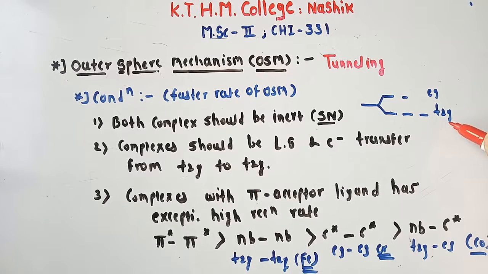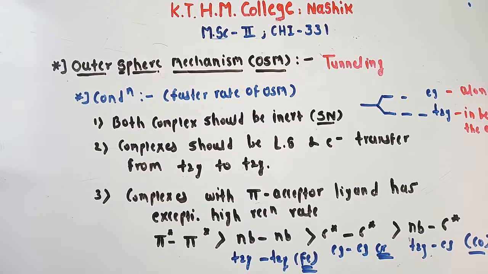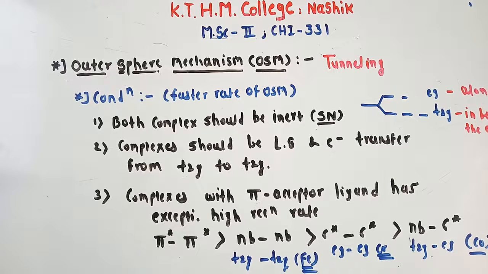Because T2g lies in between the axes, while Eg lies along the axes. If the orbital is along the axis, there is repulsion between the incoming ligand and the Eg electrons.